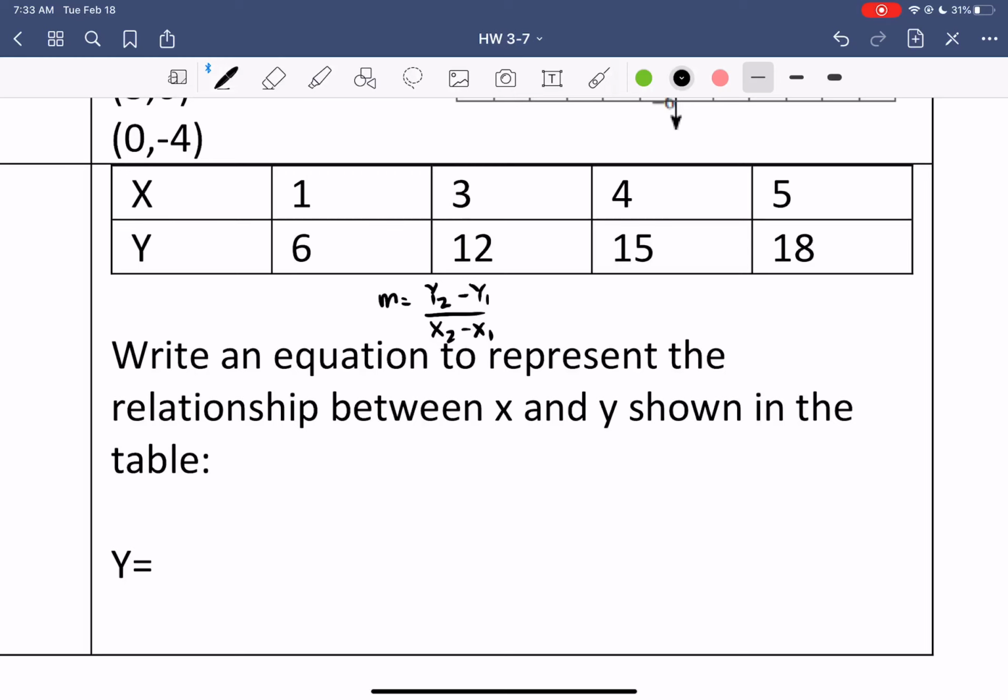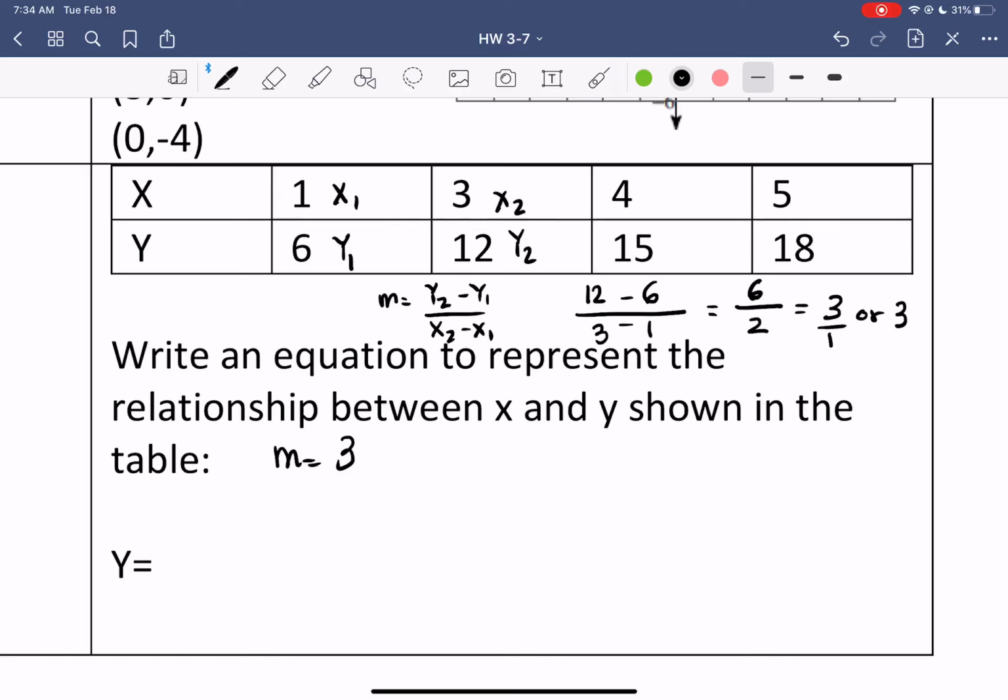So if I did this as x1, y1, x2, y2, y2 is going to be 12 minus 6 over 3 minus 1. So as we simplify, 12 minus 6 is 6, 3 minus 1 is 2, which simplifies to 3 over 1, or 3. So we know that our slope, our m, equals 3.